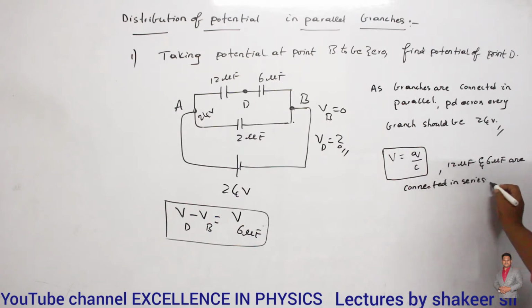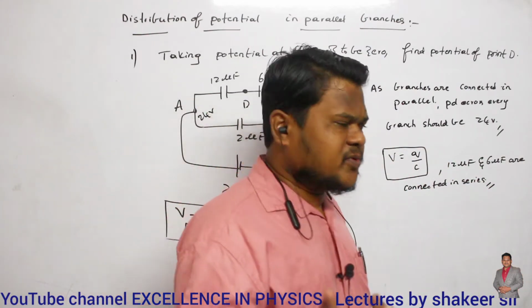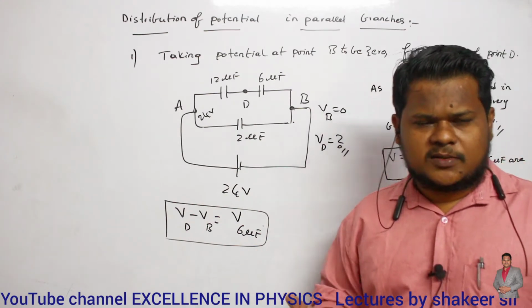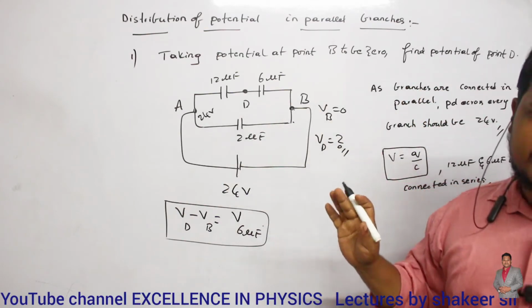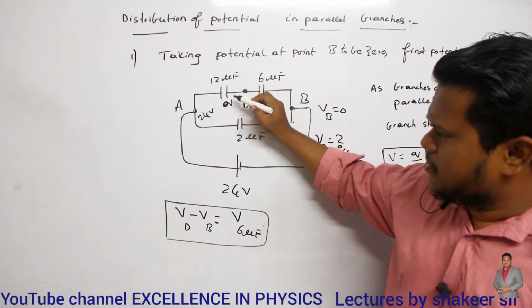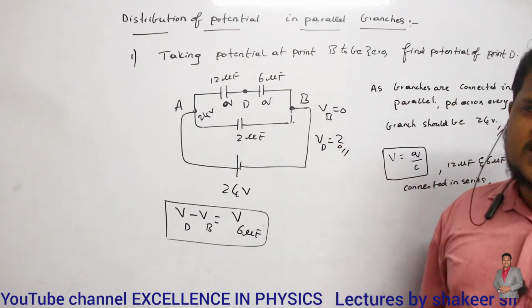So what is the speciality of series connection? How will charges be distributed in series capacitors? Equal amount of charge will be present. So if Q amount of charge is present on the 12 microfarads capacitor, on the 6 microfarads also Q amount of charge is present.